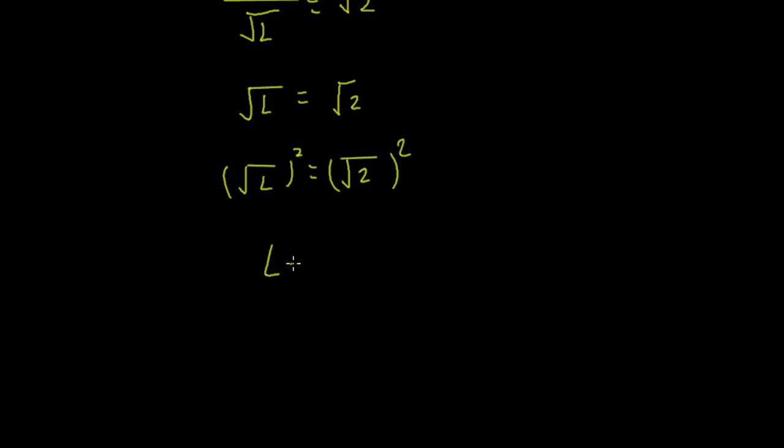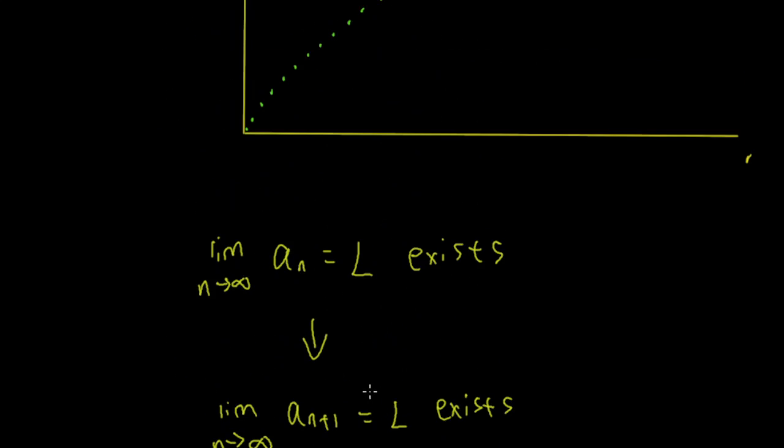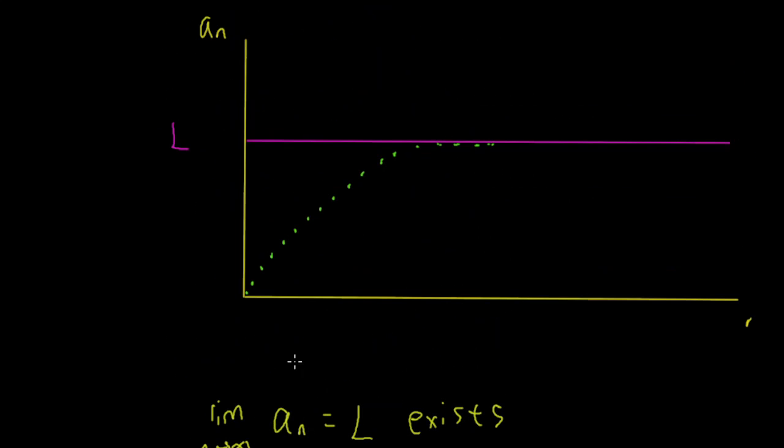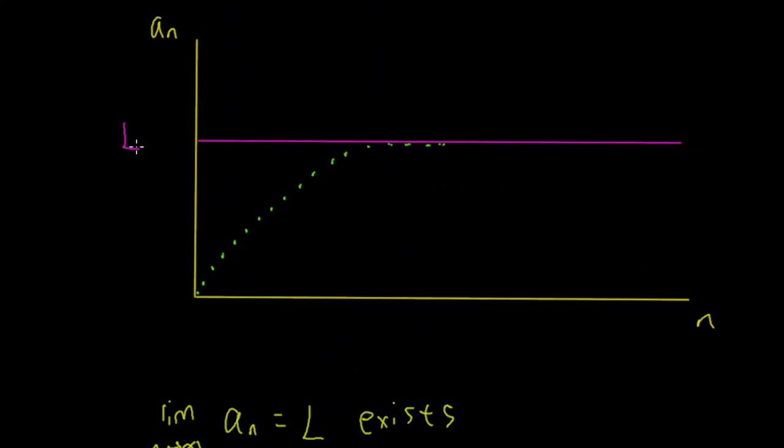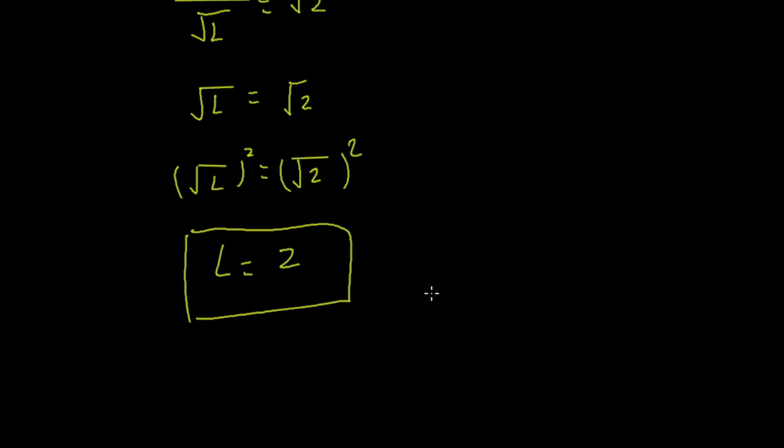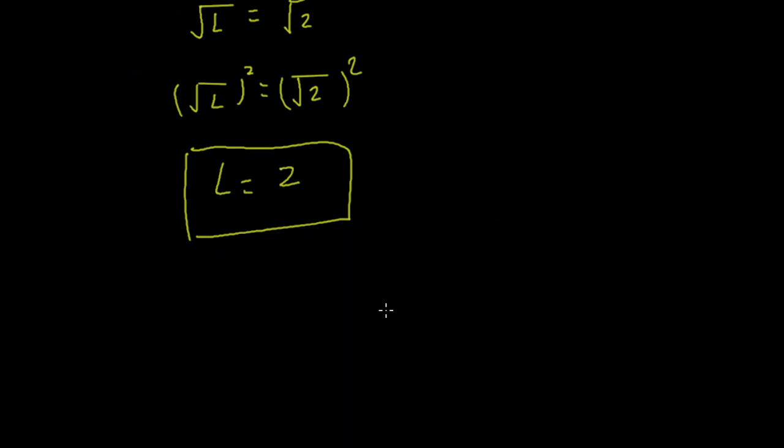We have L equals 2, right? Square root of 2 squared is just 2. Okay, so that's the limit of the sequence. And of course, in this graph here, L is equal to 2. Okay, so what does that also mean? That means the sequence is convergent to 2.